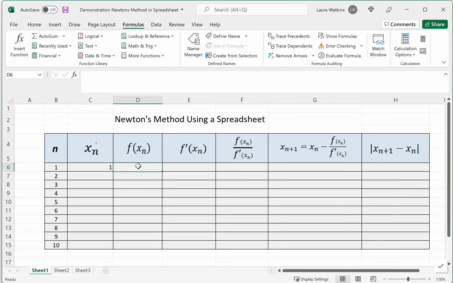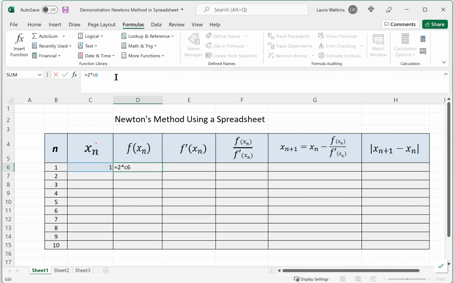So what we want to do is say this is equal to, and again, watch up here in the function bar. Our function was 2x squared minus 3. So we're going to go 2 times, now my x is in location C6. So we're going to do 2 times C6.